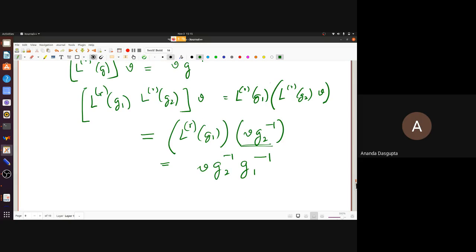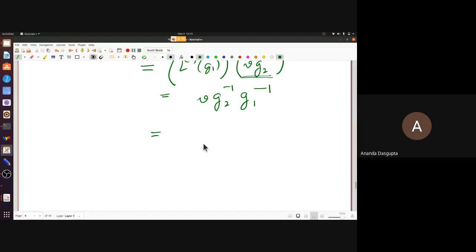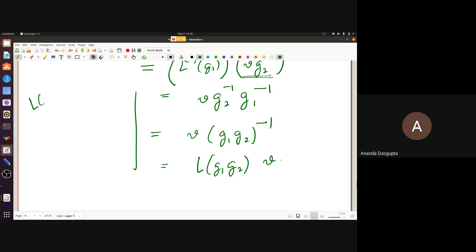That's the way it works. But now by the magic that you all know, G2 inverse G1 inverse is actually G1 G2's inverse. So this is going to be V times G1 G2 inverse, and since this works for all V, you end up with LG1 LG2 equals LG1 G2.